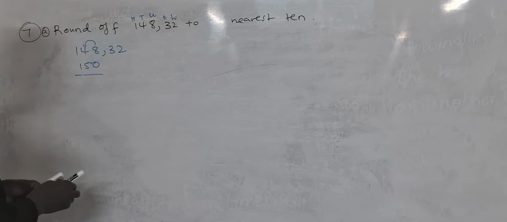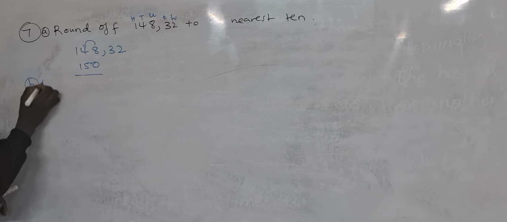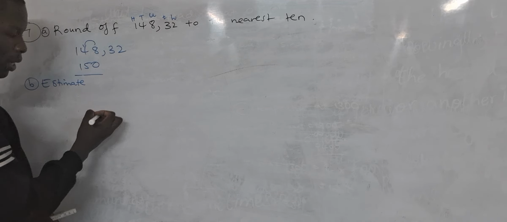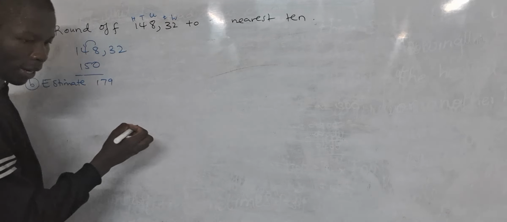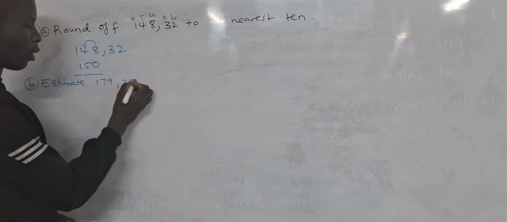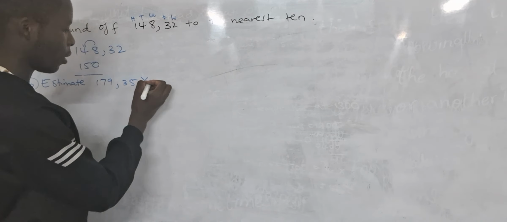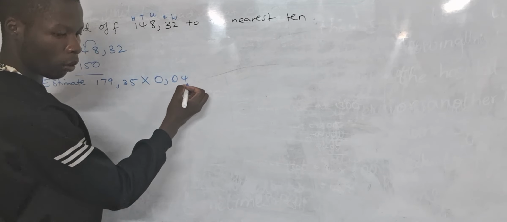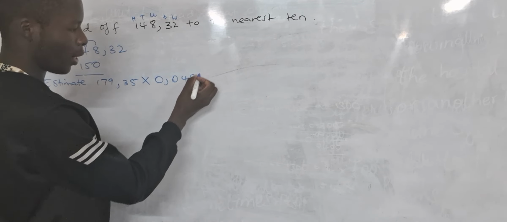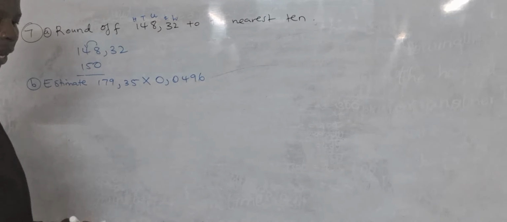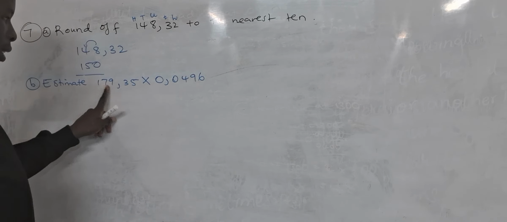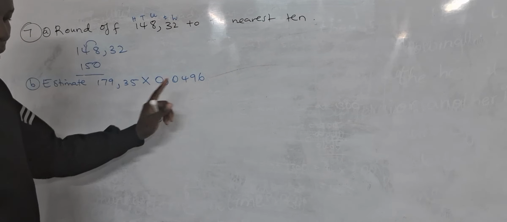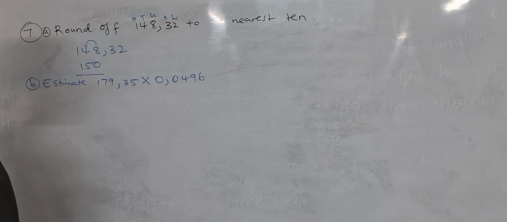Question B is saying estimate. You are supposed to estimate 179,35 times 0,0496 by expressing 179,35 and 0,0496 to one significant figure.